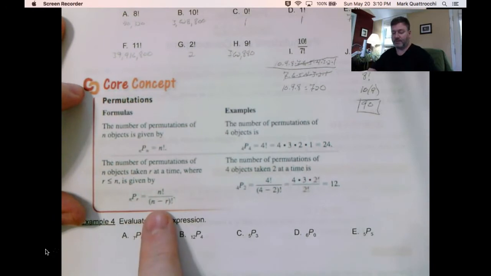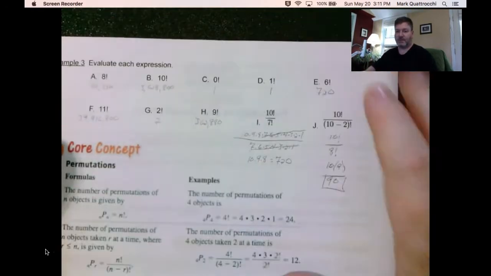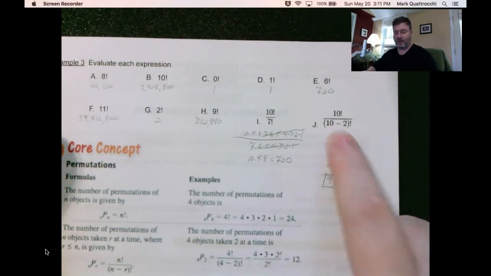As we can see, the permutation formula for nPr, n items chosen r different ways in permutation, is n factorial divided by n minus r factorial. So we get situations like these quite often.